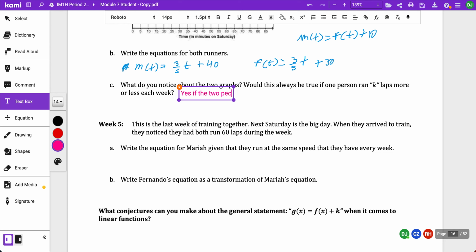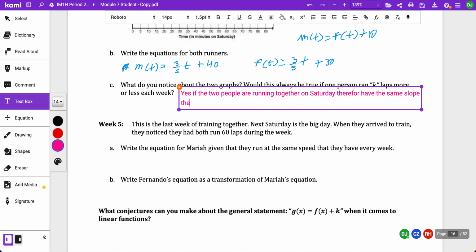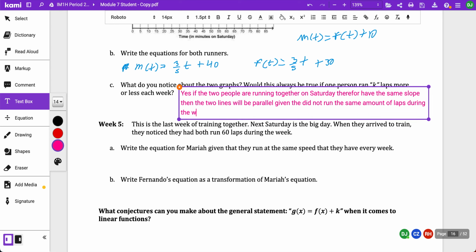If the two people are running together on Saturday and therefore having the same slope, then the two lines will be parallel, given they did not run the same amount of laps during the week.